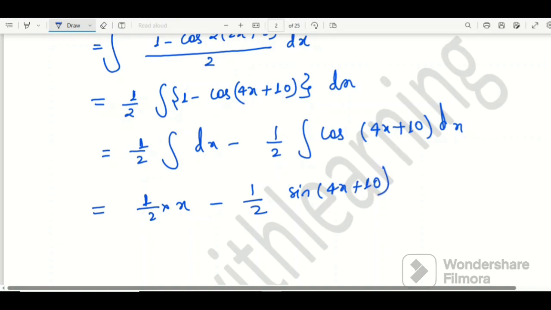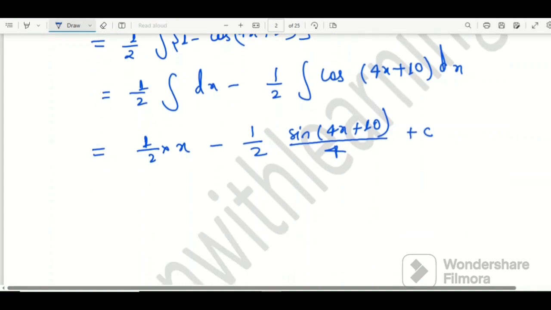Again, we know that integration of cos x is sin x, but here cos 4x plus 10 is there. So here we can apply a substitution method to solve this, or directly we can differentiate 4x plus 10, we'll get 4. Since it is integration, we'll divide by 4 and then we'll write c, because it is indefinite integration.